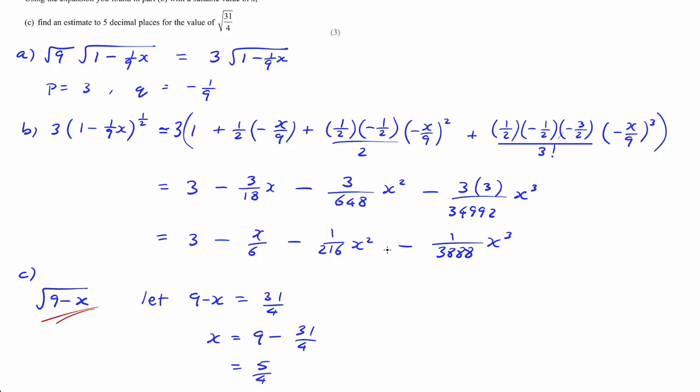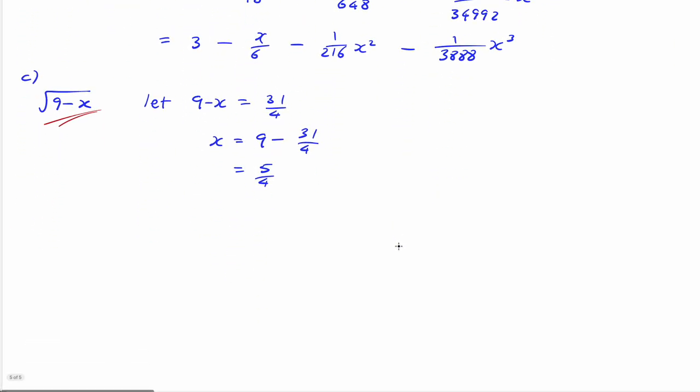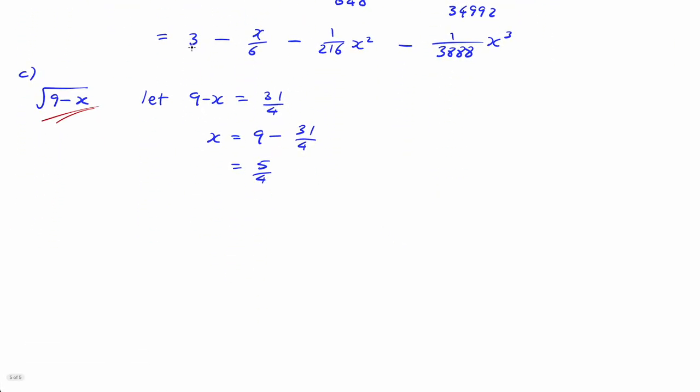Okay, then I'm going to sub in to this expansion. Okay, now because he wants decimal places, guys, I'm gonna, sorry, 31 over 4. I'm just gonna use 1.25.